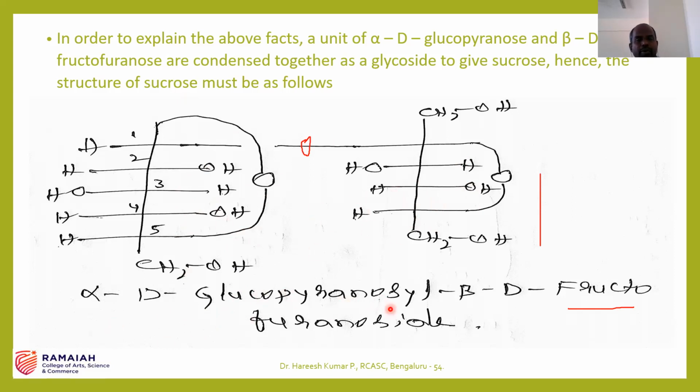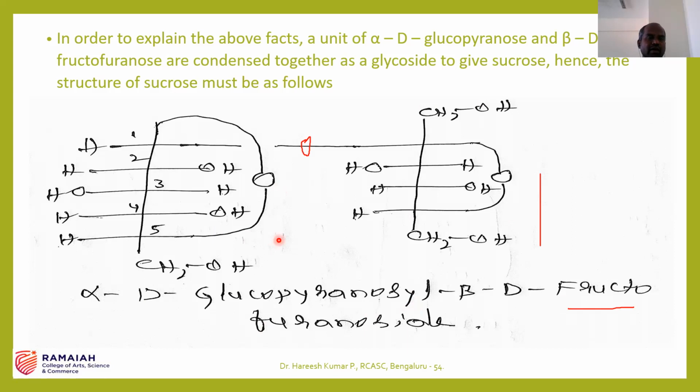The name of this disaccharide is alpha-D-glucopyranosyl. That means this one is alpha-D-glucopyranosyl, and this one is beta. Why is it beta? Because the hydroxy in beta is on the left hand side. Beta-D-fructofuranose, a 5-membered ring: 1, 2, 3, 4, 5. This is the structure. How is this structure obtained?